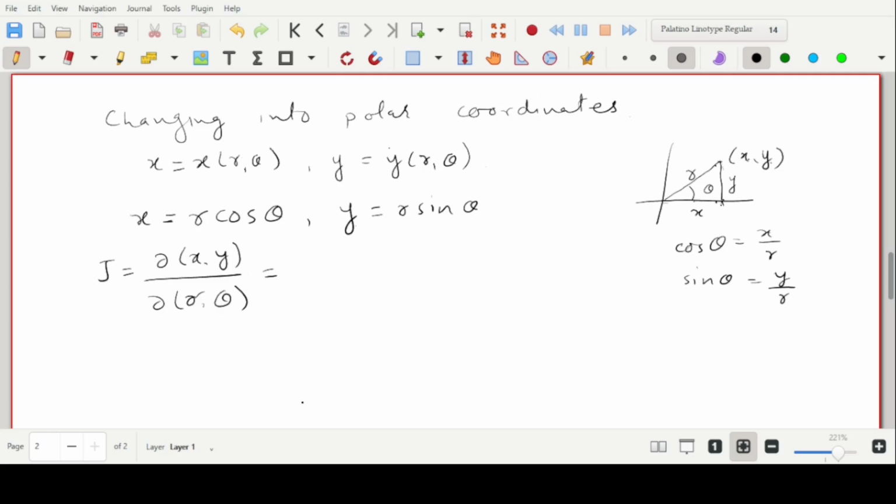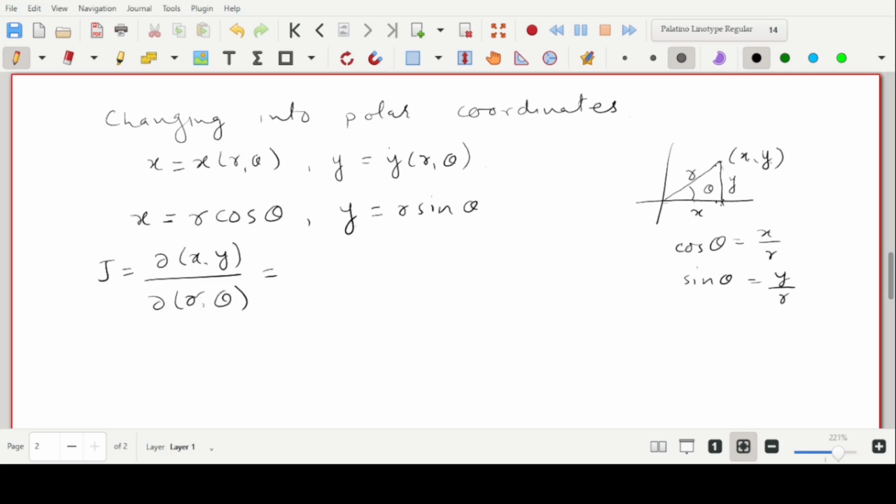In the previous problem we substituted x equal to v minus u over 2 and y equal to v plus u over 2, and this substitution may differ from problem to problem depending upon which function we are trying to integrate and what our region of integration is.